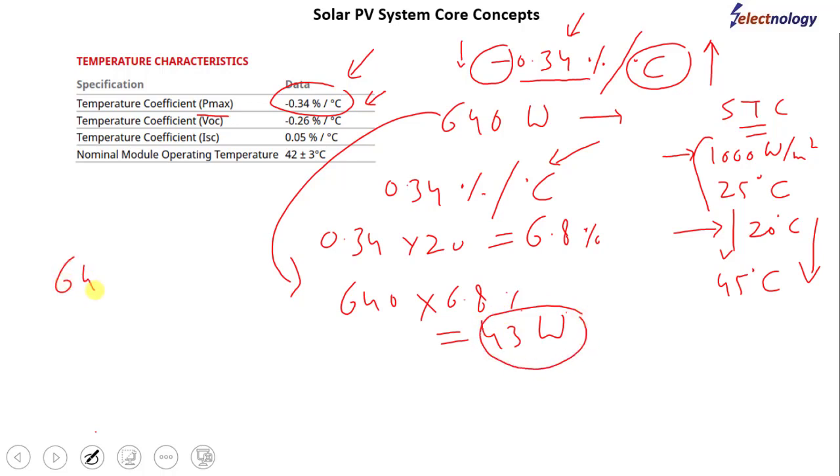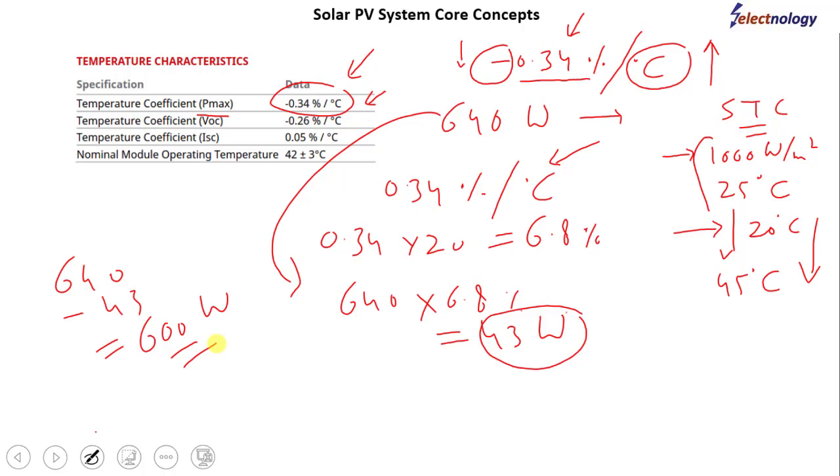If we subtract 43 from 640, this is approximately 600 watts. So the change of 20 degrees centigrade has brought the rated power of the PV module to 600 watts. In our calculations, we shall be using 600 watts, and that shall be a very fair value to use in case you want to conclude the rated power or some other thing.